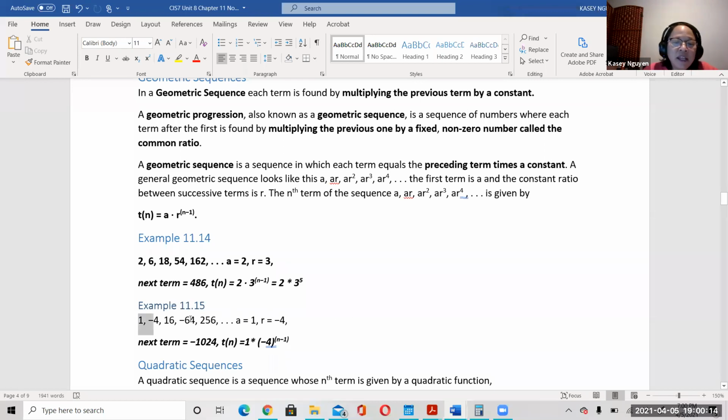Based on the given sequence, a, the first number, is 1. And your r, if you take the second value divided by the first value, you get -4. Or 16 divided by -4, you also have -4. So your r is -4.